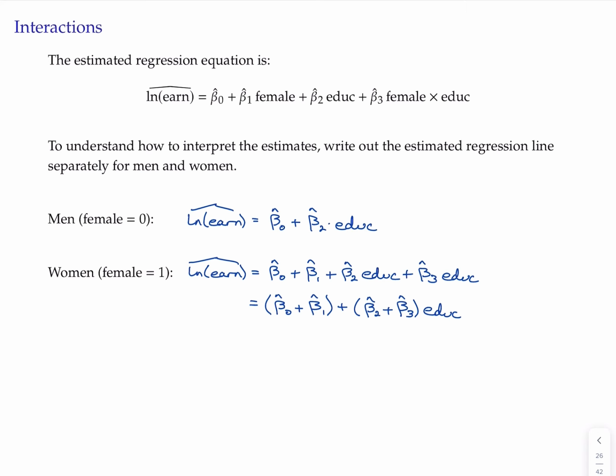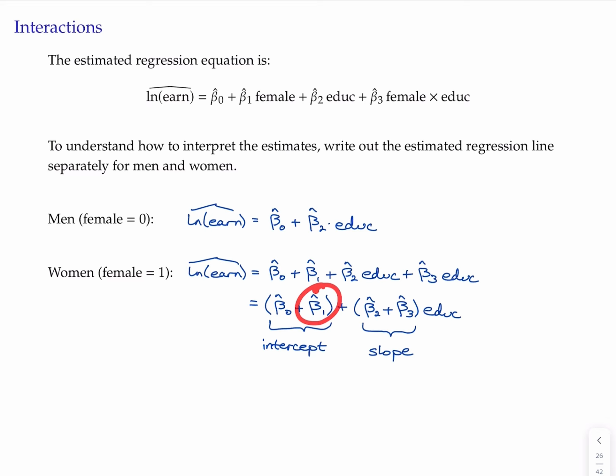Like so. So what we have is the intercept for women is beta 0 hat plus beta 1 hat. The slope on education for women is beta 2 hat plus beta 3 hat. All right, and I want to point this out as often as I can.